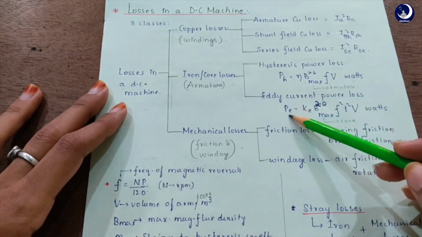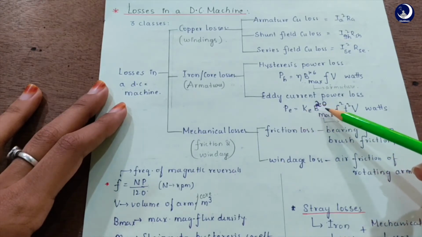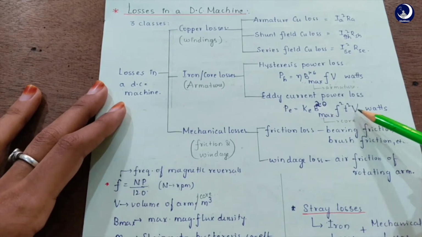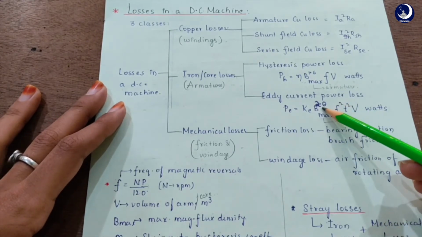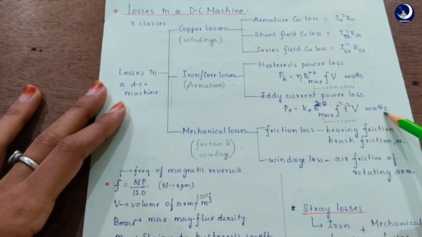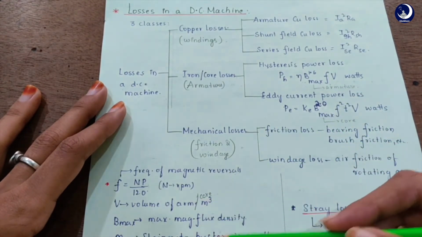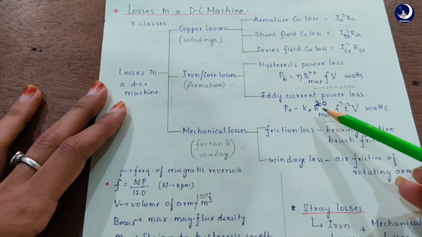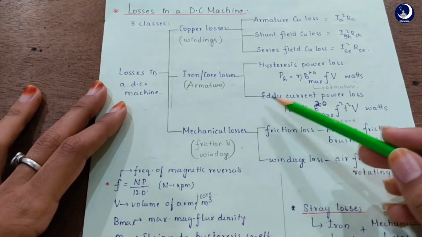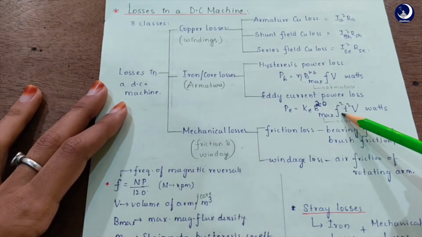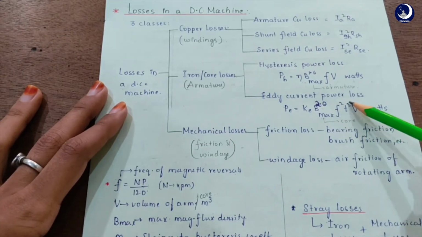Now let's look at what this eddy current power loss is. It is Pe. Pe is Ke into B max square into f square into t square into V watts. Here Ke is a constant, and B max is the maximum magnetic flux density in the core. f is the frequency of magnetic reversals, and t is the thickness of the lamination.